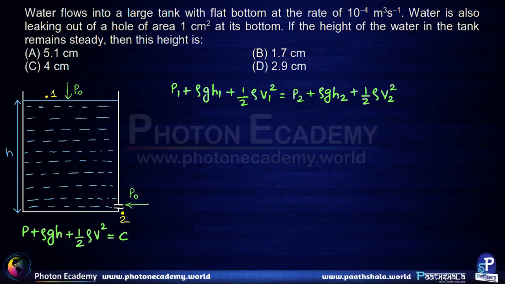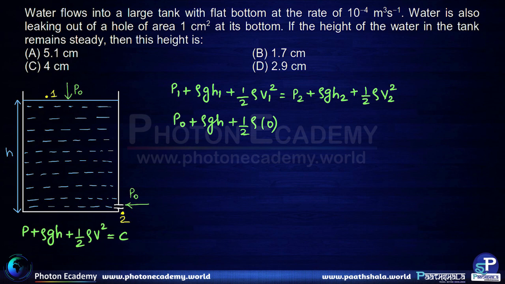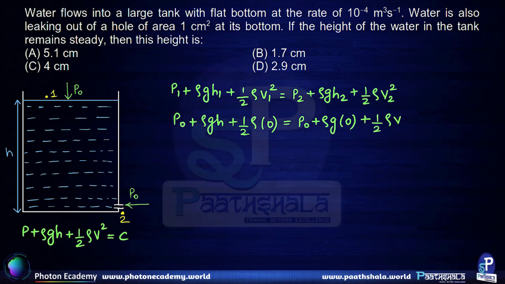Now taking point 2 as the reference, we can write P0 plus ρgh plus half ρ into 0, as the height of the liquid is not changing, equals P0 plus ρg·0, as point 2 is taken as the reference, plus half ρv².